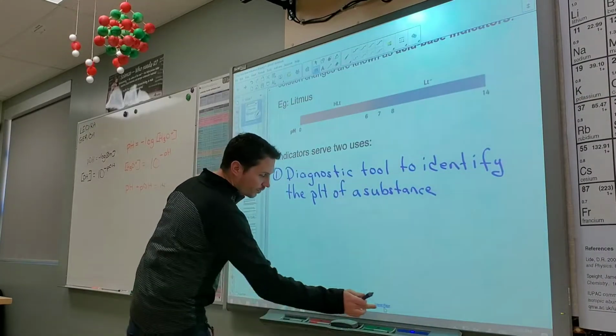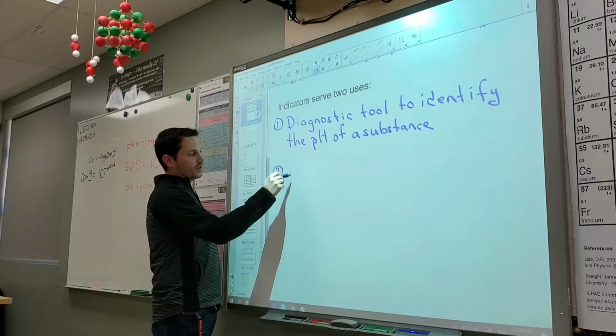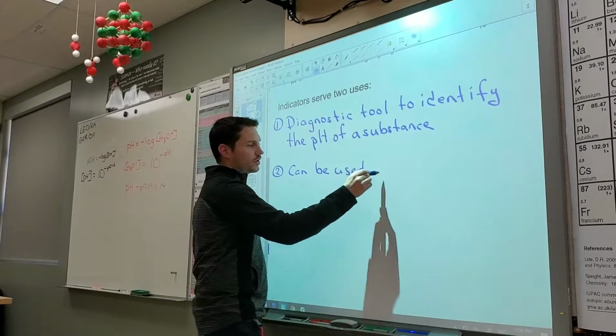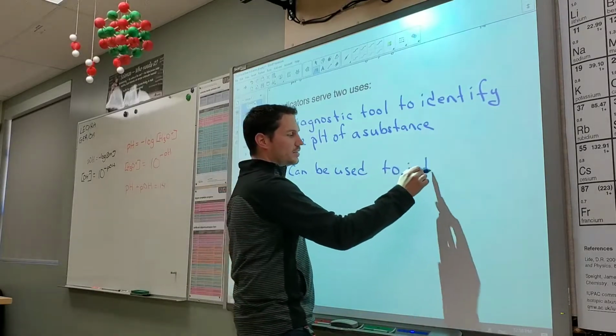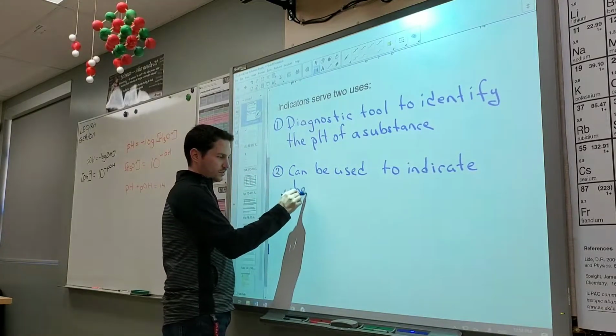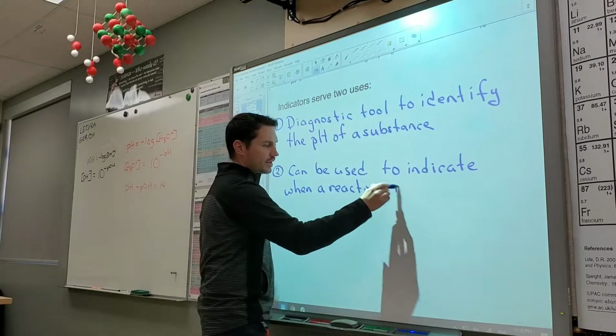And also, we'll talk about this a little bit later, it can be used to indicate when a reaction is complete.